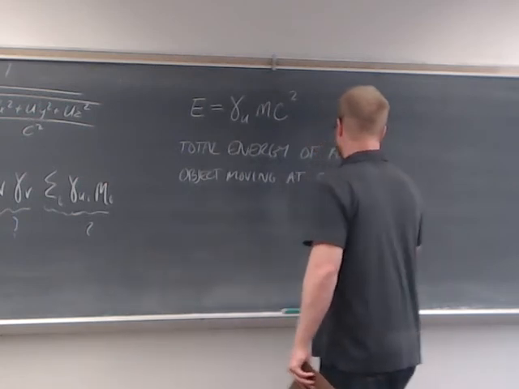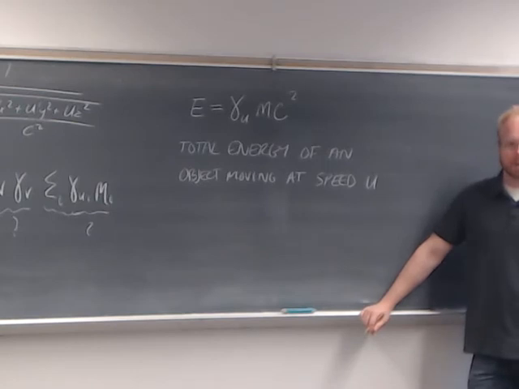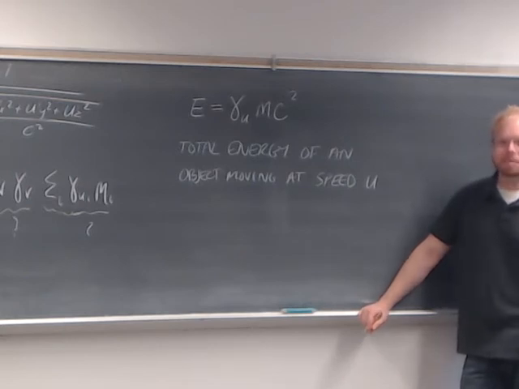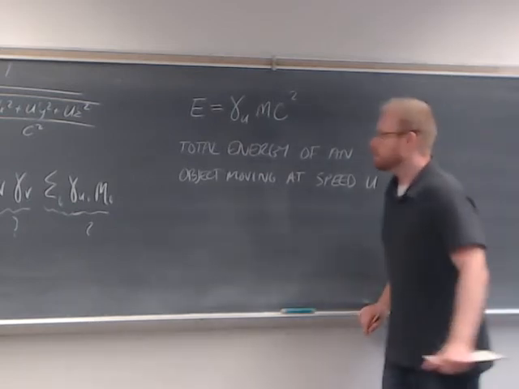Now, what do I mean by total energy? I mean rest energy, which we're going to talk about right now, moving energy, internal energy, any type of energy that you could possibly apply to an object is all in this one equation. And that's what we're saying would be constant.